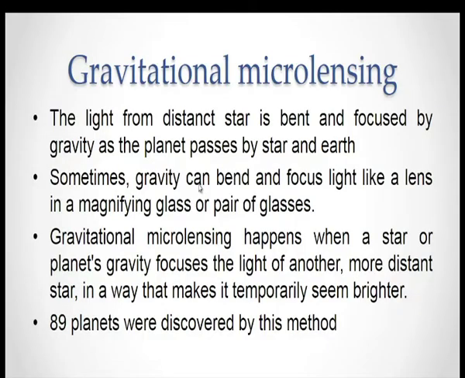Gravitational microlensing happens when a star or planet's gravity focuses the light of another, more distant star in a way that makes it temporarily seem brighter. So 89 planets were discovered by this method. This gravitational microlensing technique has helped astronomers to discover 89 planets.